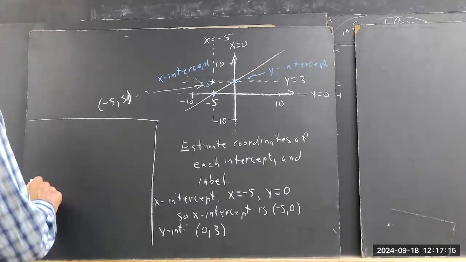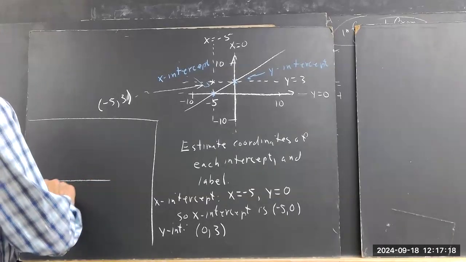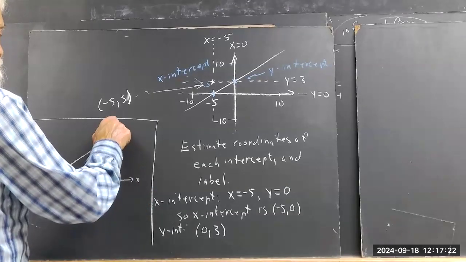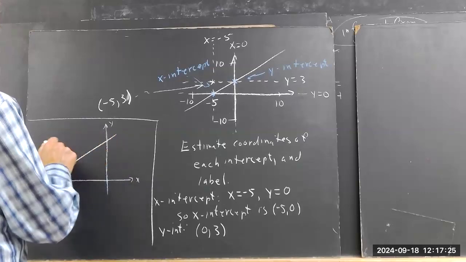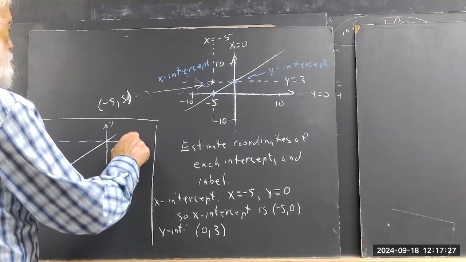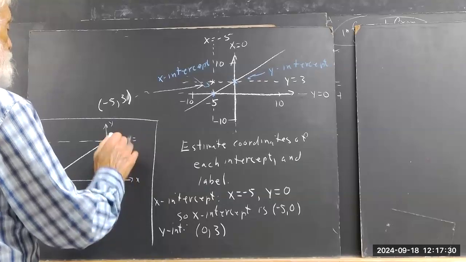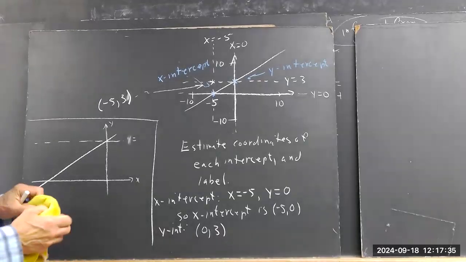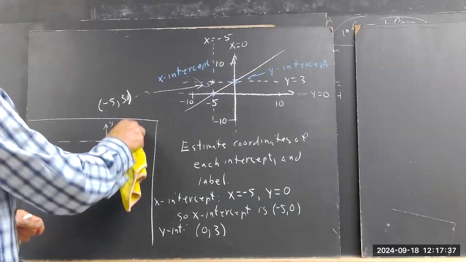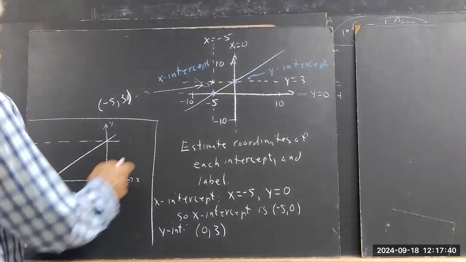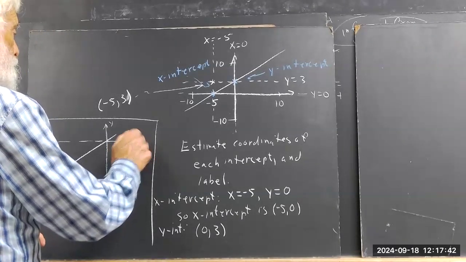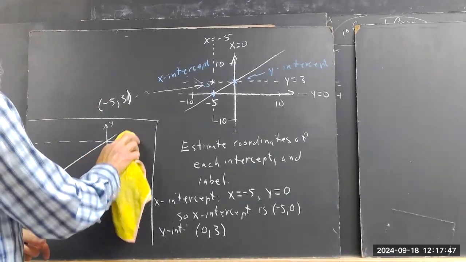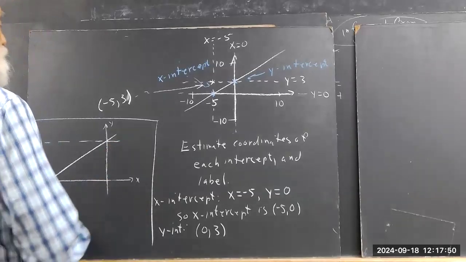I'm going to make an enlarged picture of this graph of intercepts. Here's the x-axis, here's the y-axis. Here's the line, y equals 3.